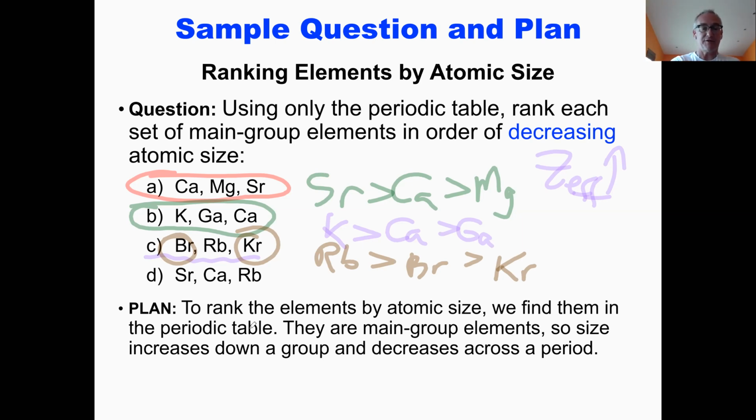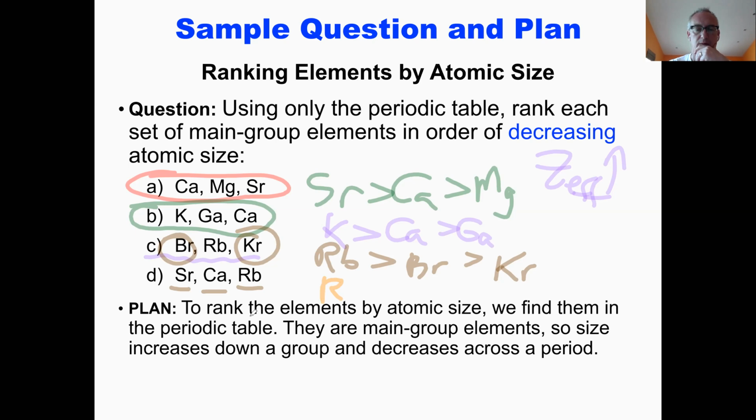And then finally, we have strontium, calcium again, and rubidium. So what would be the biggest? What would be the smallest? Rubidium being the biggest and calcium being the smallest. Okay, why do you say that?